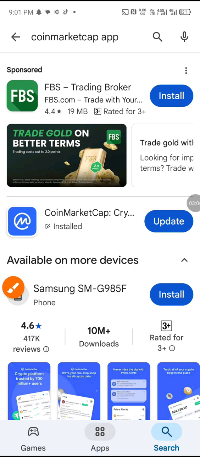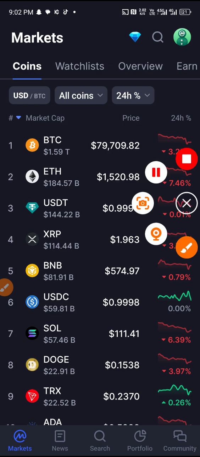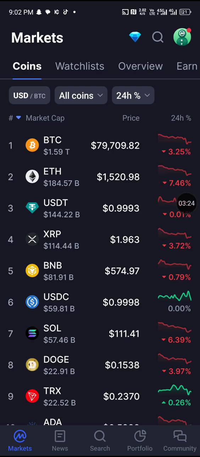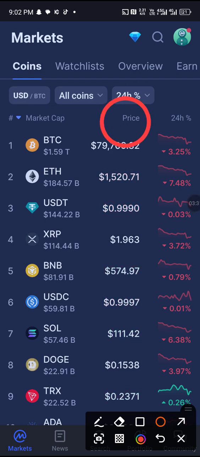Okay, and one of the most fascinating things about Coinmarketcap is that you can start today, because there are a lot of opportunities here right now that you can look out for and make profit. You can come to this place to look at its market cap and its price. You can see its price, its market cap, and its 24 hours changes.